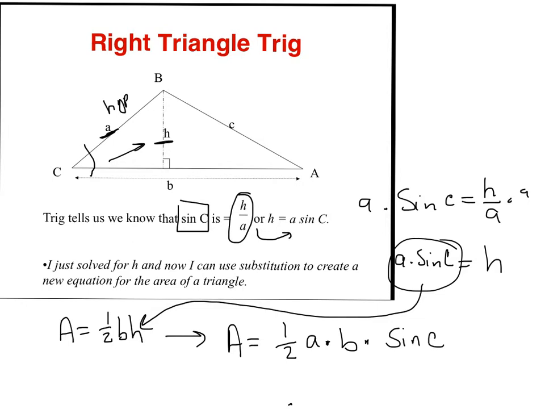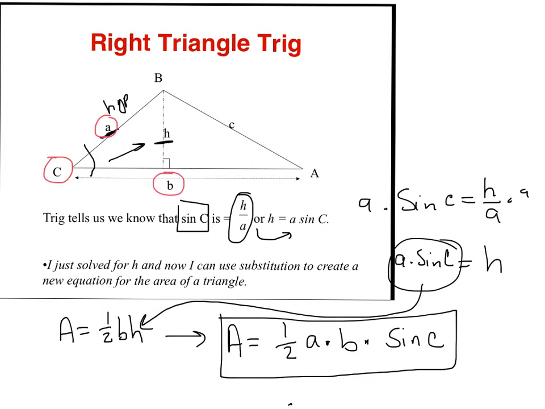Okay? So this is a new area equation where we don't have to worry about the height of the triangle. We use just our sine function and two side lengths. We're good, we got it. You no longer have to draw an altitude and try to find the actual height. Notice here, this was the angle, and these were the two sides.